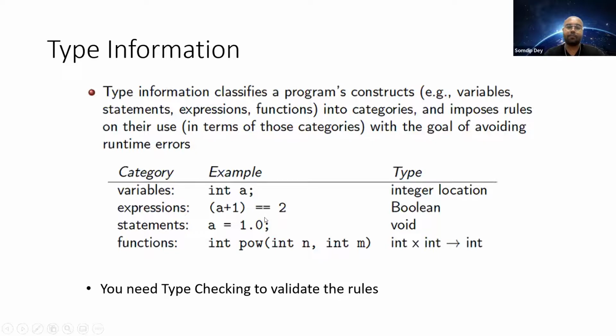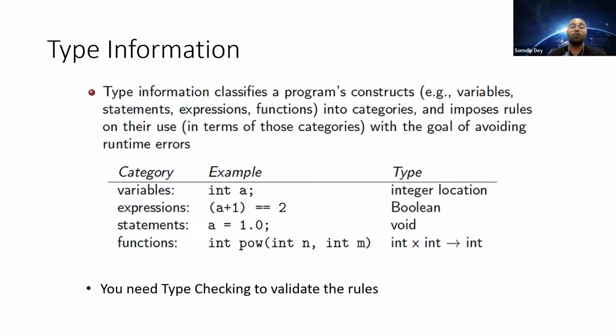Let's take the example. Your input program consists of int a, a plus 1 equal to 2, a equals 1.0, and int pow, where we are defining a function called pow with the arguments int n and int m. That's your example input program.